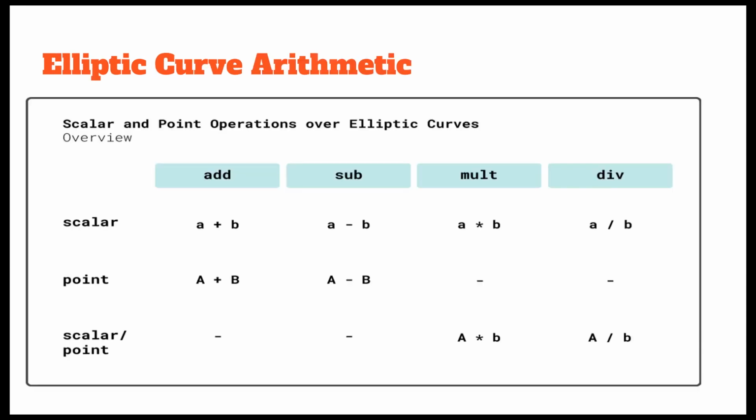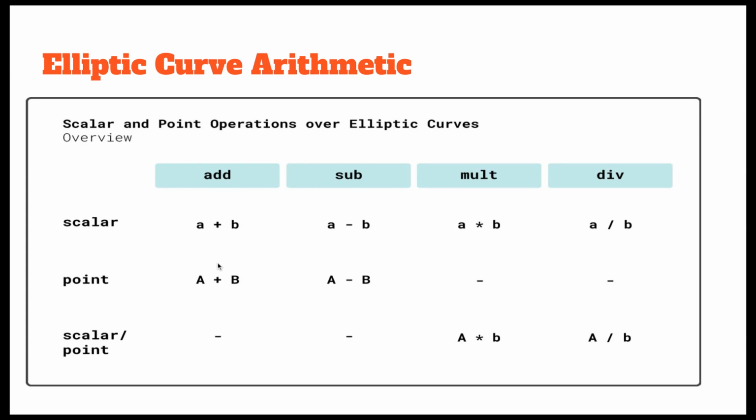Now we will discuss elliptic curve arithmetic. For scalars, or normal numbers, just like your private key, we can add, subtract, multiply, and even divide scalars. But for point arithmetic, specifically elliptic curve arithmetic, we can add two points and subtract them, but we can't multiply and divide two points.